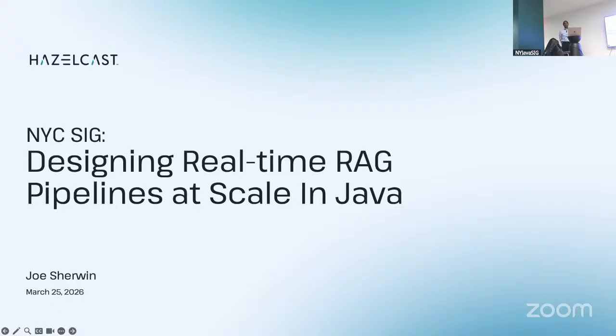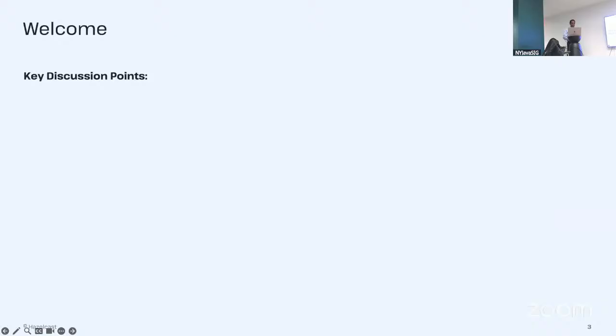If you're a Java programmer, the question is, how do I design applications in Java? Things like pipelines that drive AI solutions, specifically in this case, retrieval augmented generation solutions. So that's what we'll be talking about.